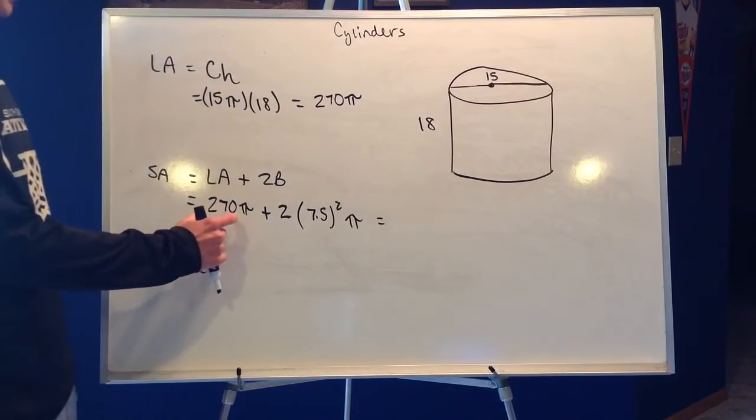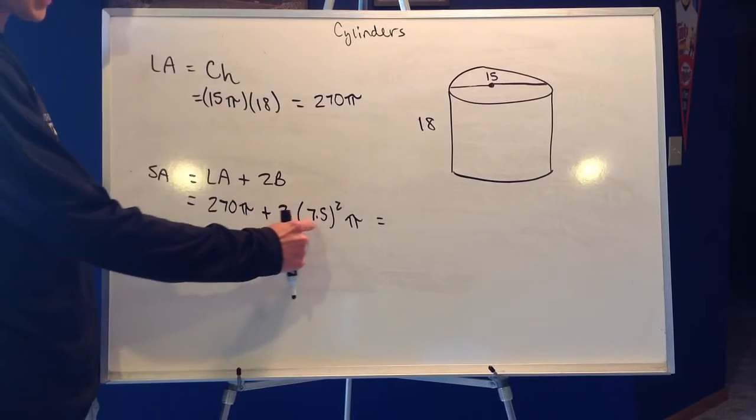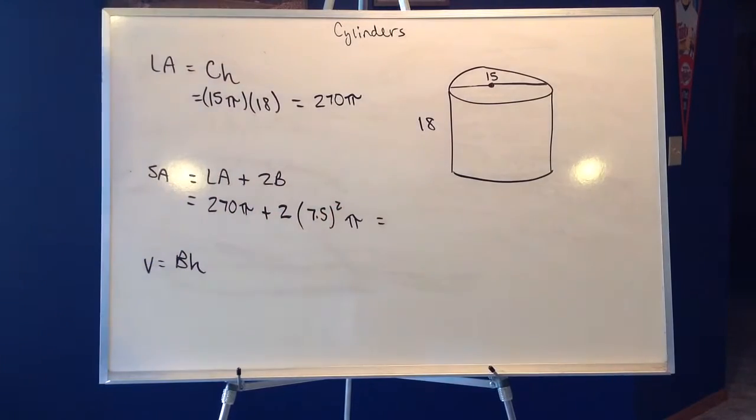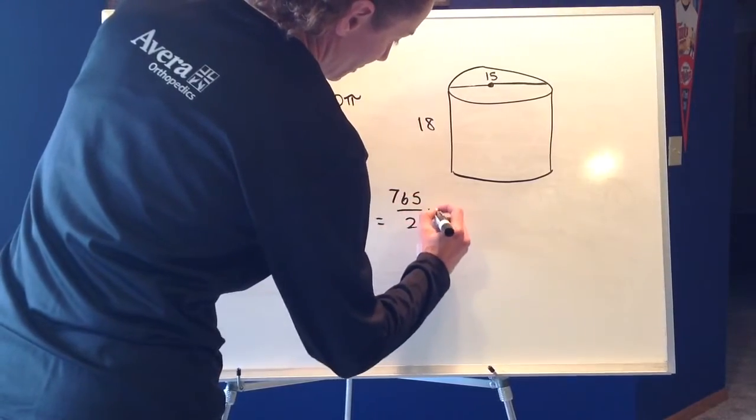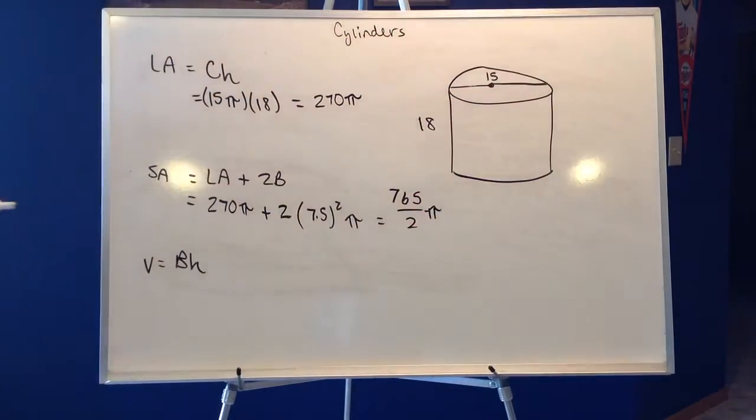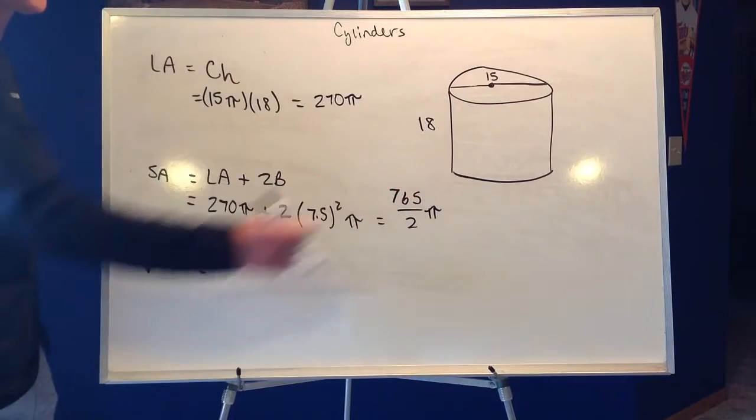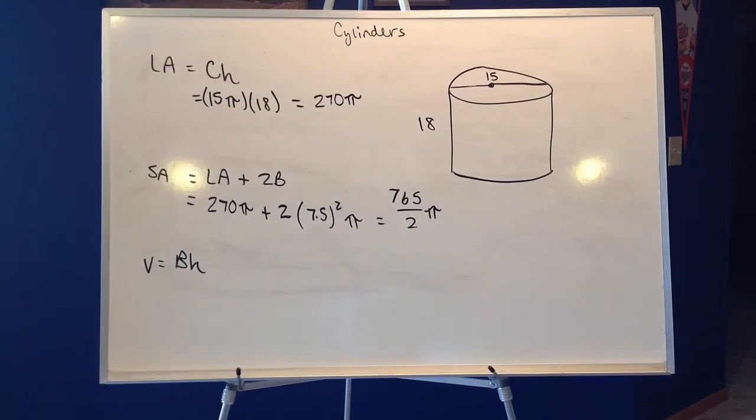So you can put the 270 plus 2 times 7.5 squared in your calculator, and you'll end up with, changing it into a fraction, 765 over 2, and then we'll just attach the pi to it. Pi has to be with fractions, as do square roots.